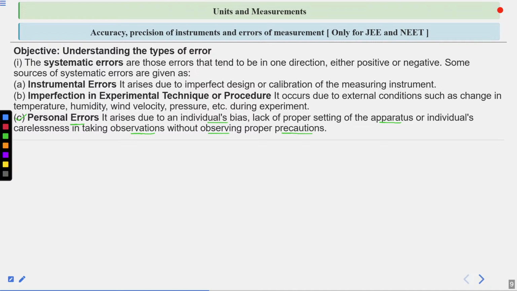It means systematic errors are of three types: instrumental errors, imperfection errors, and personal errors. Clear? Any doubt?